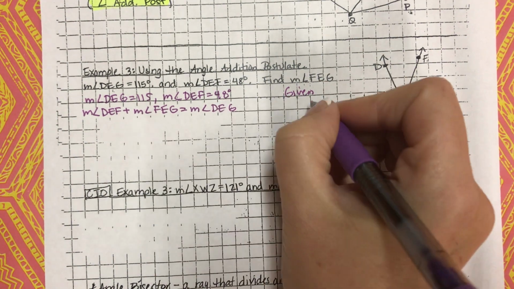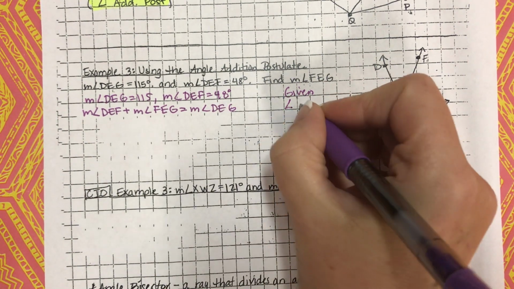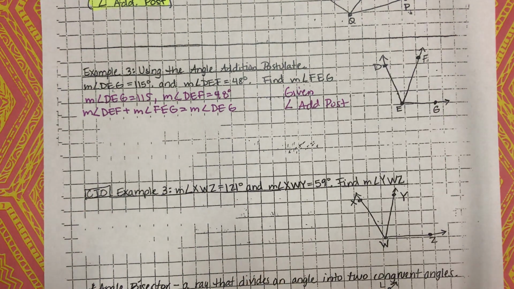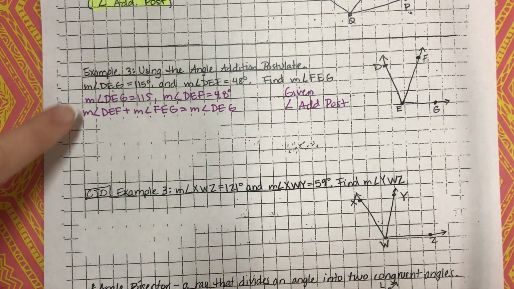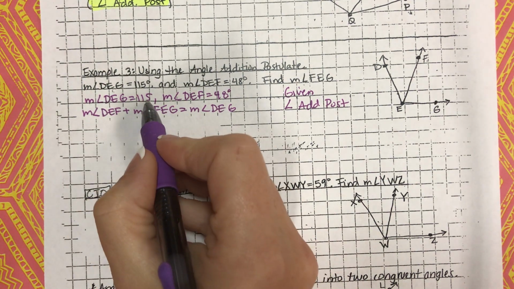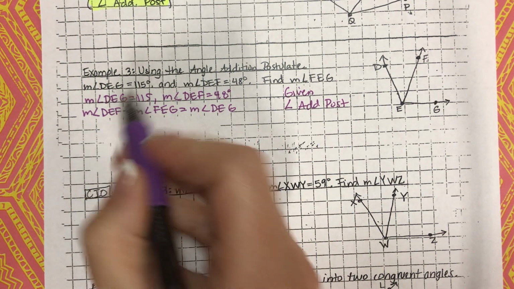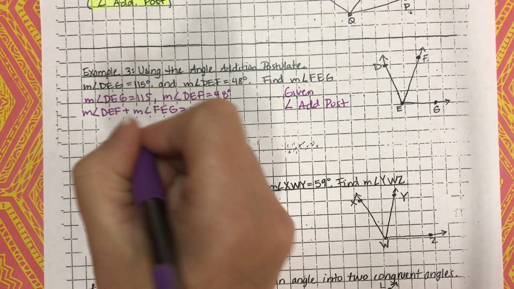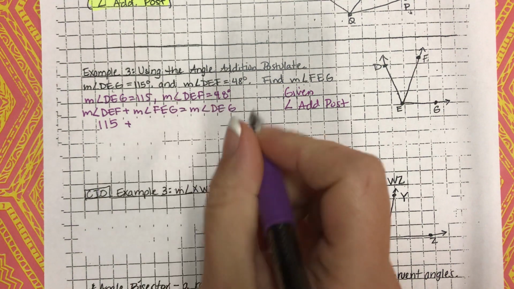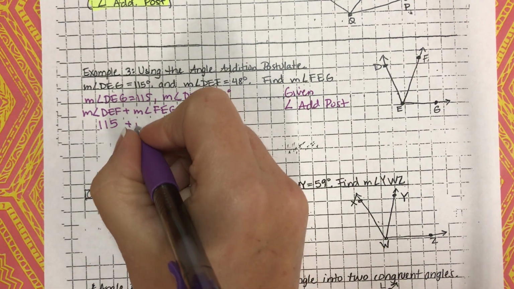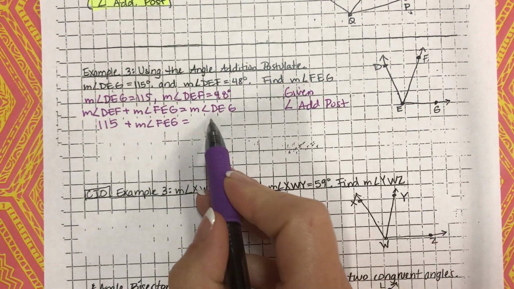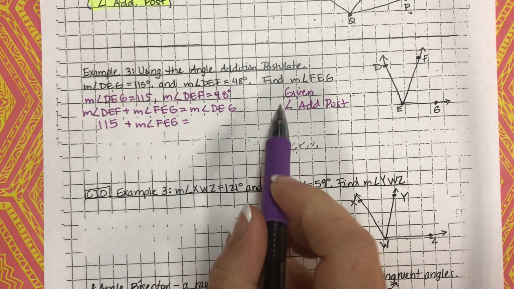And I can say that because of the angle addition postulate. Now from here, I'm going to substitute in those given values. So instead of writing DEG, I know that's the same thing as 115, so I'm going to substitute 115 in here for DEG.